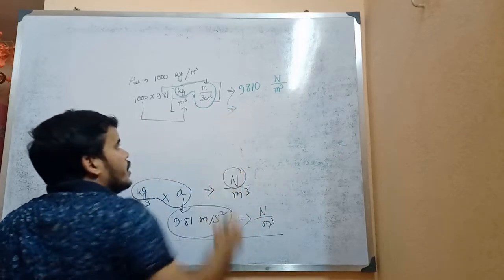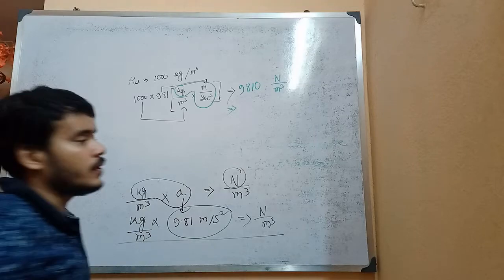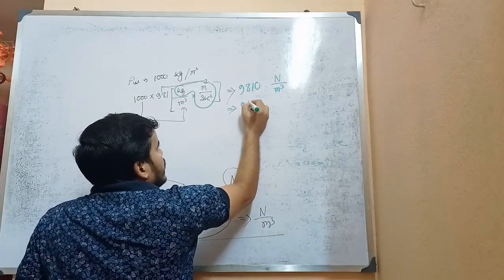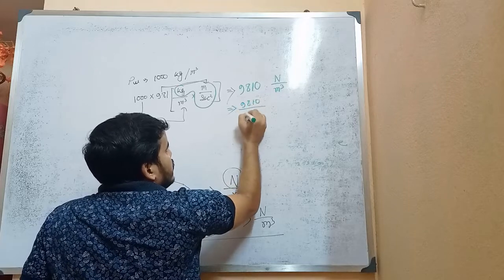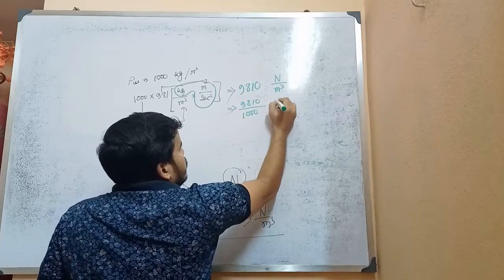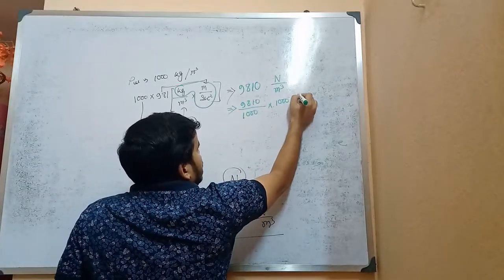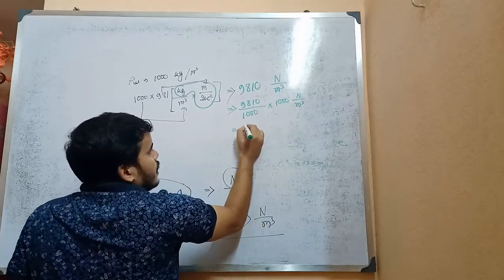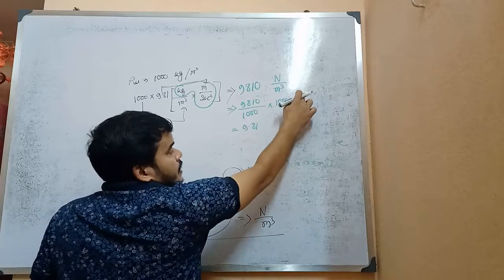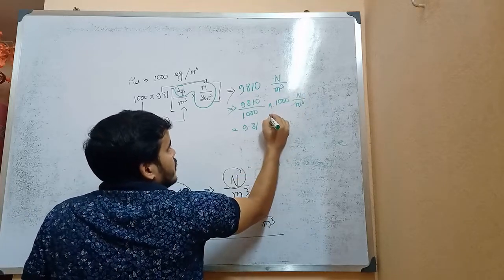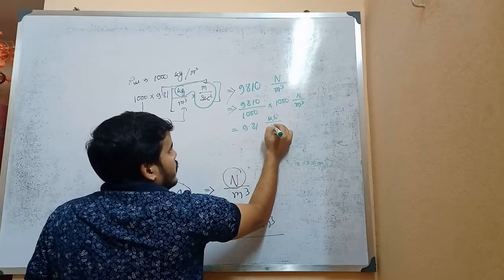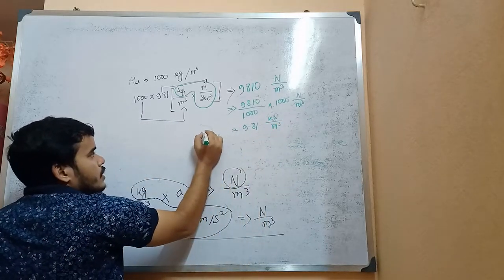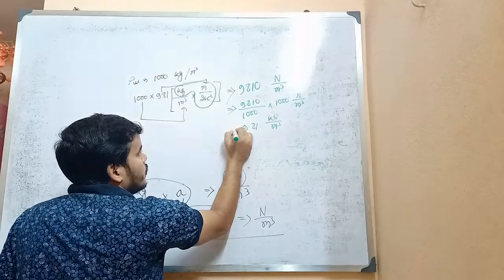And now if we convert it from Newton to kilonewton, we have to divide 9810 by 1000. 1000 Newton means kilonewton per meter cube. So this means 9.81 kilonewton per meter cube.